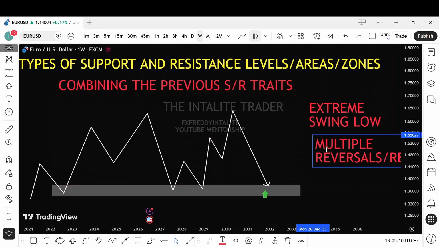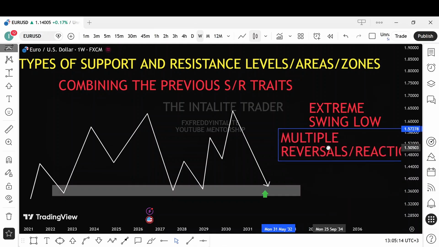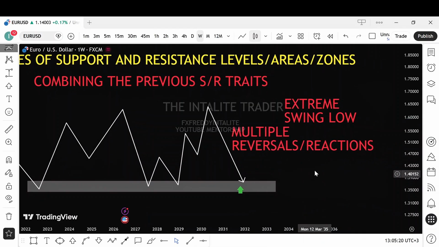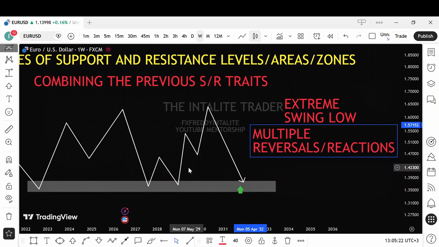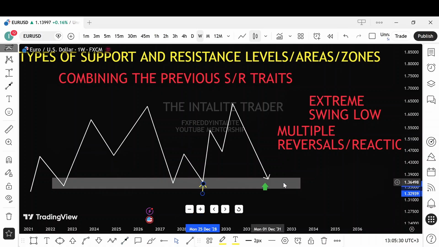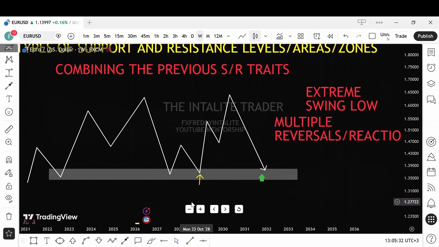So that means the level is of key interest to buyers and sellers. Because of these multiple reversals or reactions, price is likely to respect it. Then we also have here, it has been recently respected. So it also has a recently respected test.